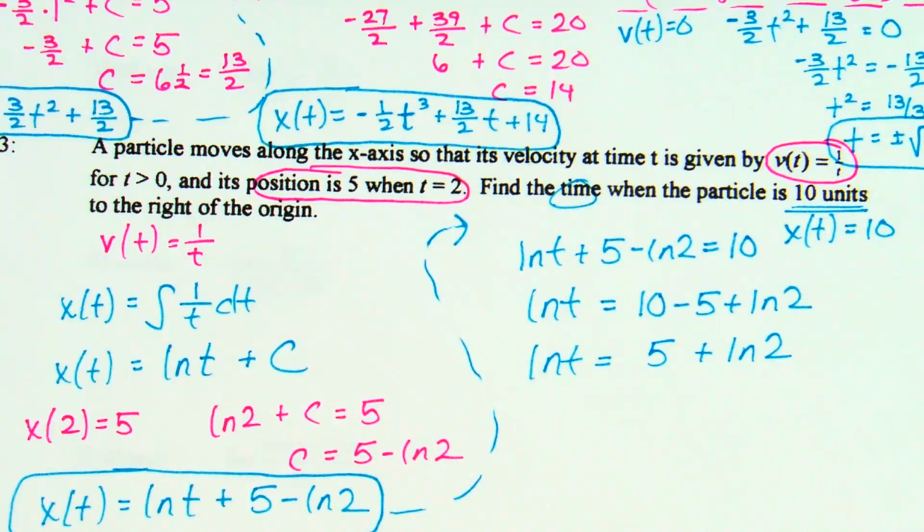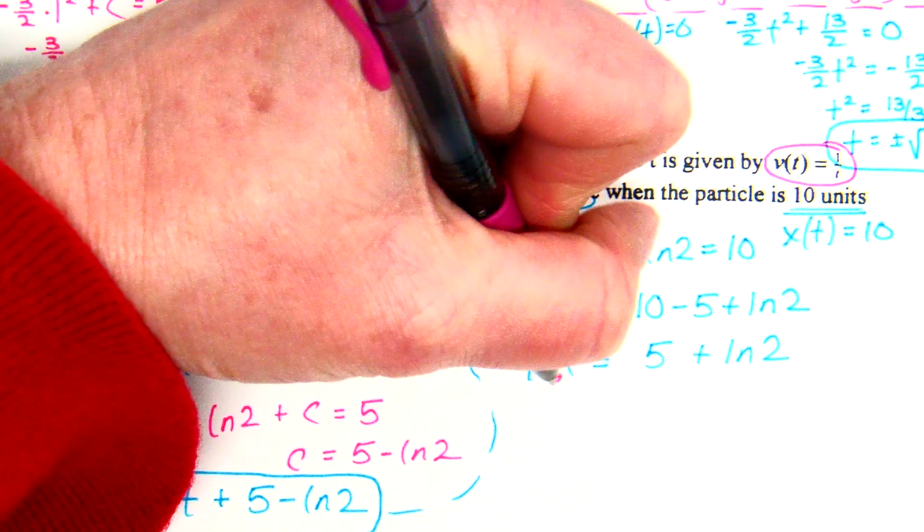Okay. How do I solve for t? Times it by e of t. No. e to the 5 plus ln 2 equals t. And how do you get that? Take your reverse ln. Yeah.